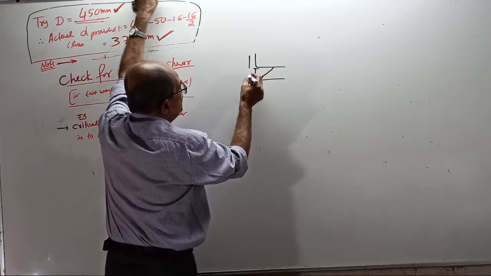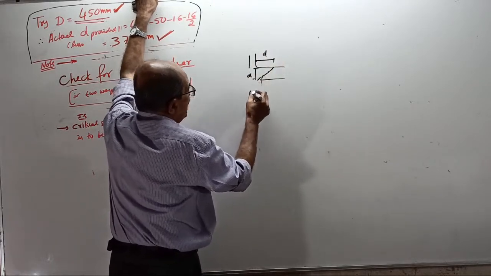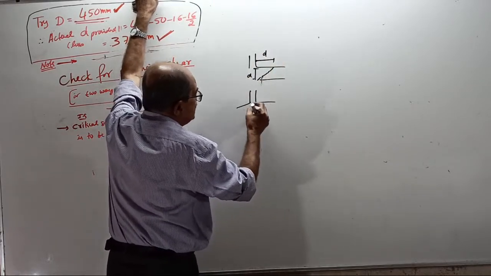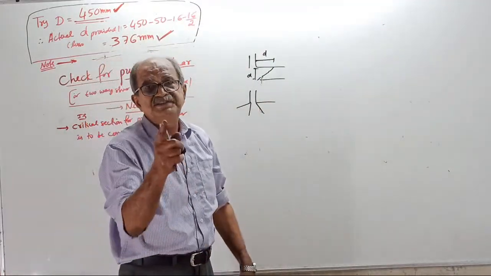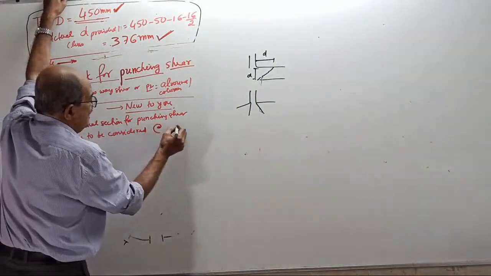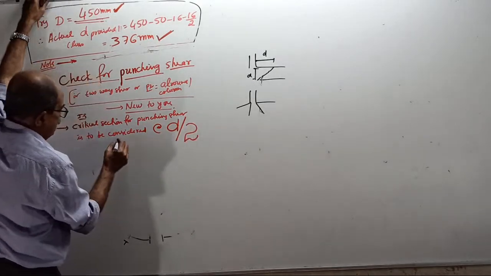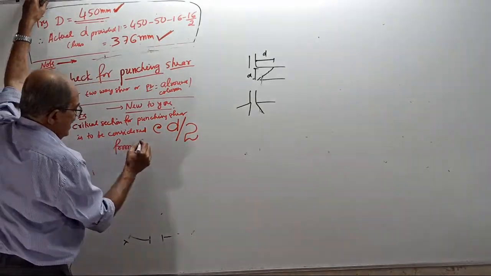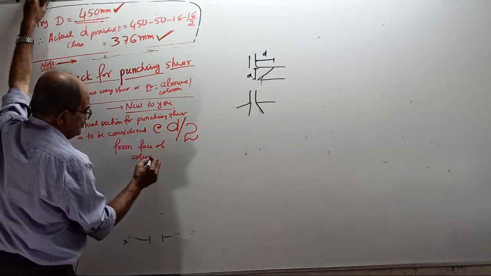Therefore, if this is d, they told to consider at d. But punching is not that way. It will be steep, it will not go at 45 degrees, it will go around 60 degrees. Therefore, IS code told to consider not at d, but at d by 2 from the face of the column.